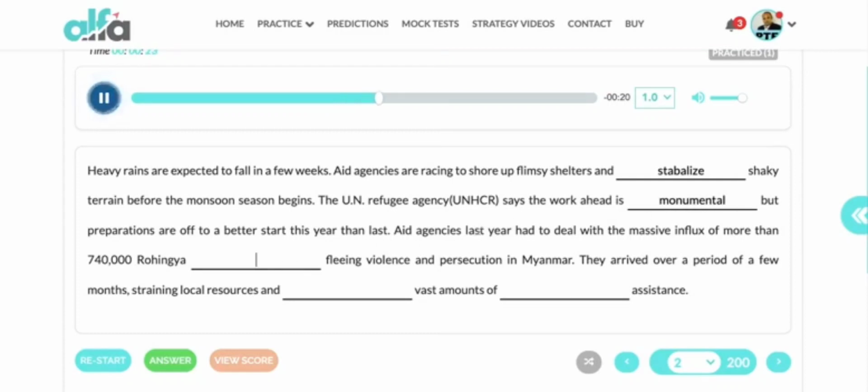Aid agencies last year had to deal with a massive influx of more than 740,000 Rohingya refugees fleeing violence and persecution in Myanmar. They arrived over a period of a few months, straining local resources and requiring vast amounts of humanitarian assistance.